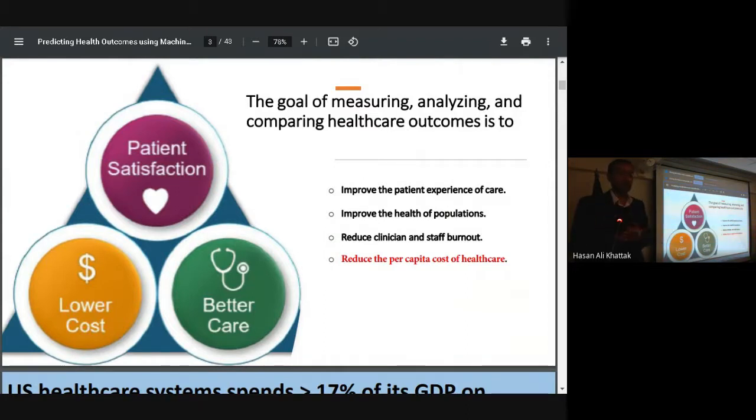So that's why I would like to elaborate further on the fourth point, reducing the per capita cost of healthcare. Let me show you some numbers, just to give you an idea of how important this variable of per capita healthcare cost is.